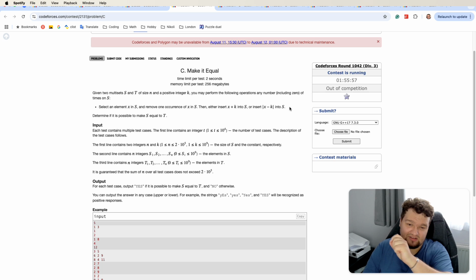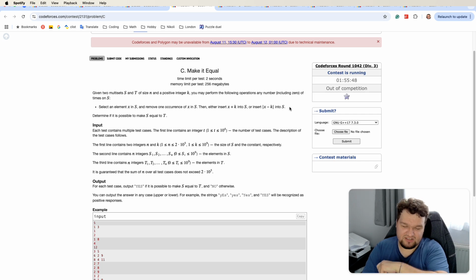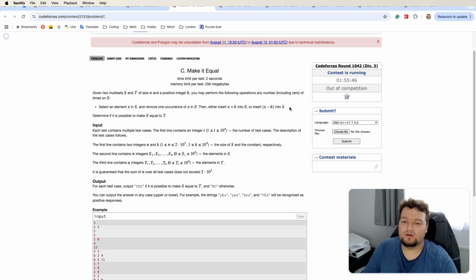So basically we can take an element and either add k or subtract k, but if it becomes negative we take the absolute value. Okay, and we can do any number of operations. Sure, so basically we can take an element and move it as long as we want.